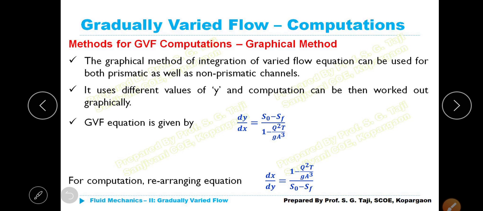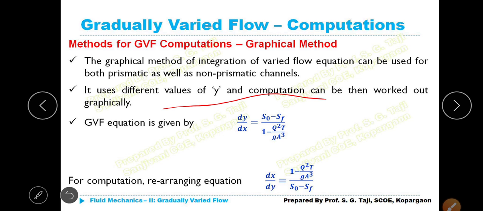Now the graphical method of integration of the varied flow equation can be used for both prismatic as well as non-prismatic channels. It uses different values of y, and computation can then be carried out graphically.